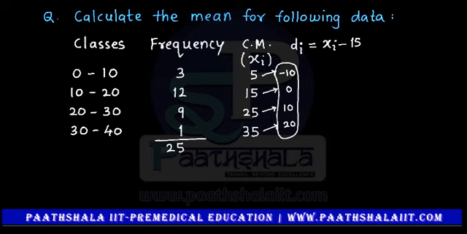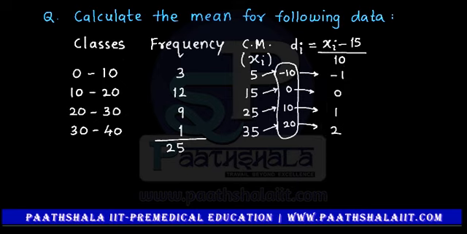So we decide to divide each subtraction further by 10, so that minus 10 divided by 10 gives us minus 1, then 0 divided by 10 gives 0, then 1 and finally 2. So you see, these numbers are so small that we can easily work on their calculations.